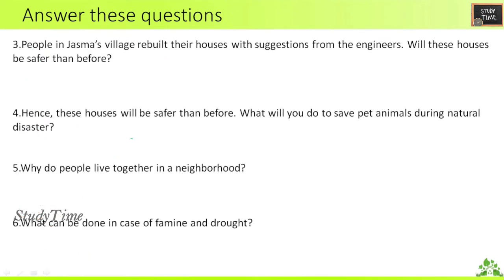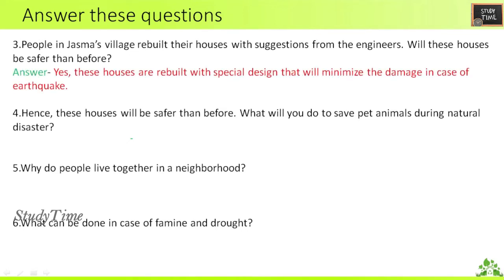Next, third question, people in Jasma's village rebuilt their houses with suggestions from the engineers. Will these houses be safer than before? Yes, because these houses are rebuilt with special design that will minimize the damage in case of earthquake. So these houses will be safer than before. Fourth question, what will you do to save pet animals during natural disaster?